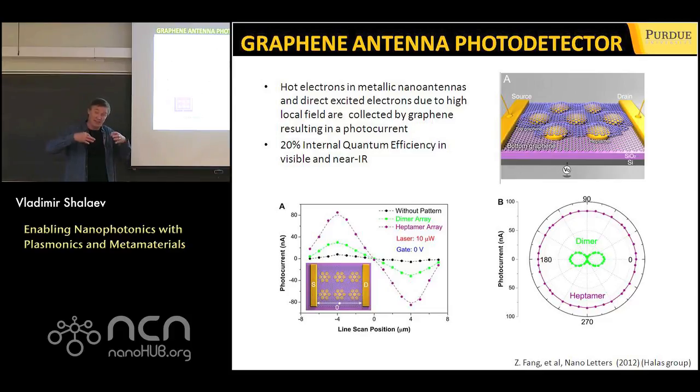So you excite these collective excitations of electrons, which are surface plasmons, and they decay into single electron excitations in graphene and create electron hole pairs. That's called hot electron generation by decaying surface plasmons. And it turns out this process is extremely efficient. As a result, you have a very efficient, in this case 20%, I would say reasonably efficient, that could be further enhanced, photodetector based on graphene and plasmonic antennas.